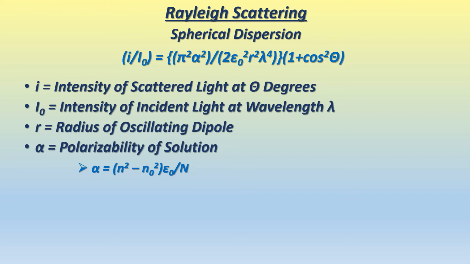The polarizability of a solution can essentially be determined by taking the squares of the indexes of refraction. The index of refraction of the solution squared, n squared, minus the index of refraction of the pure solvent squared, times the permittivity of a vacuum, divided by the number of particles in the solution.